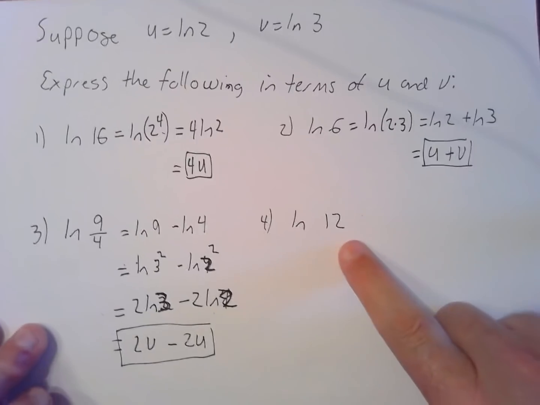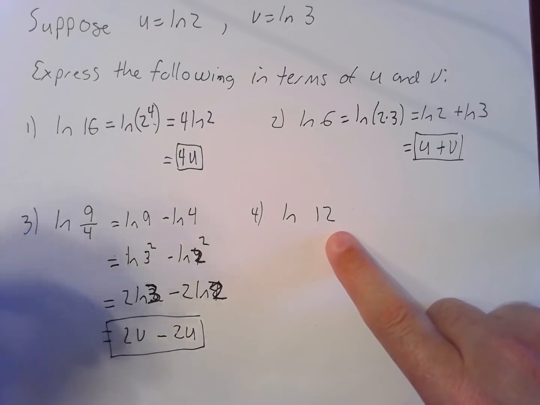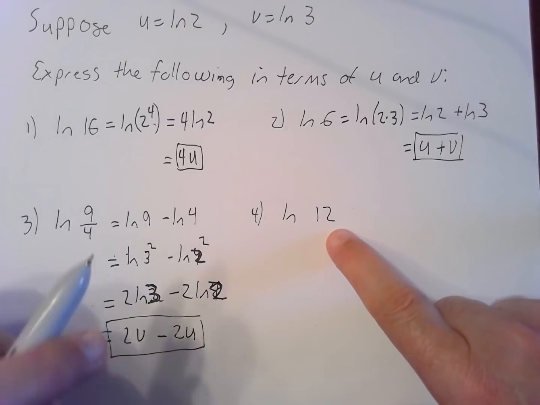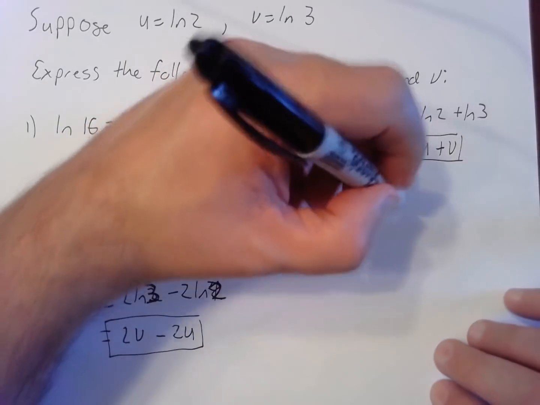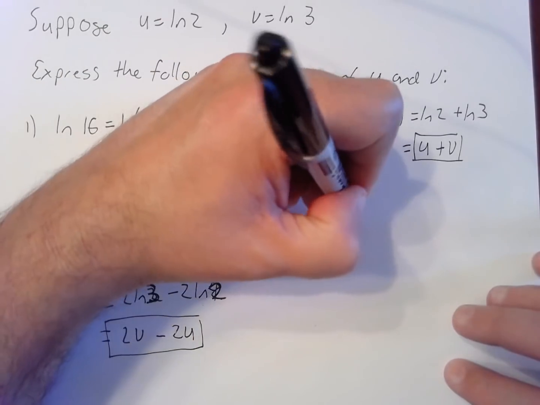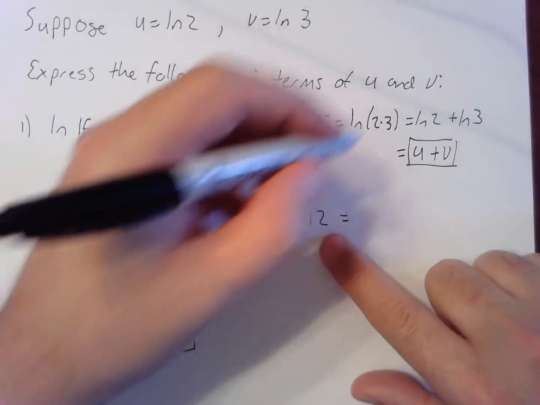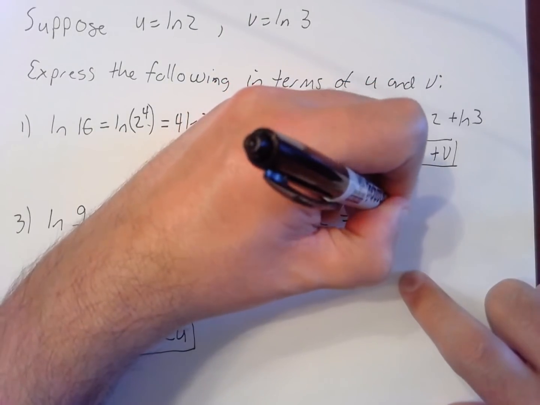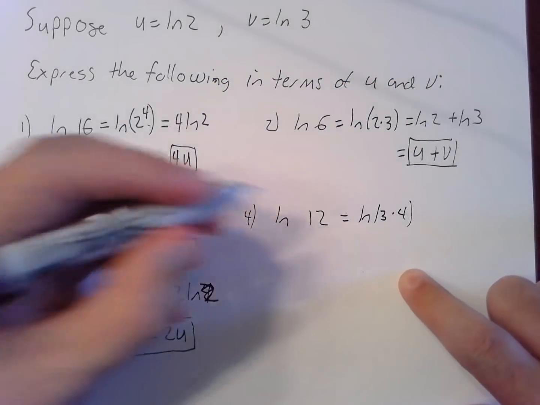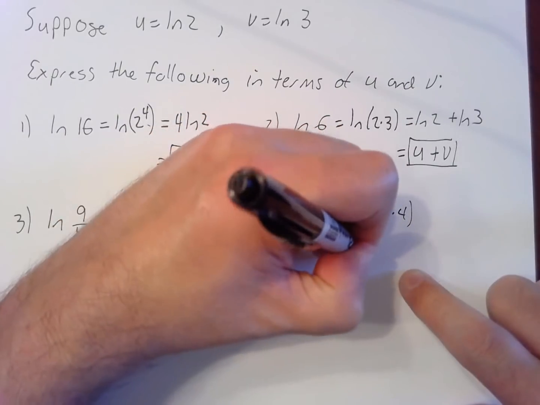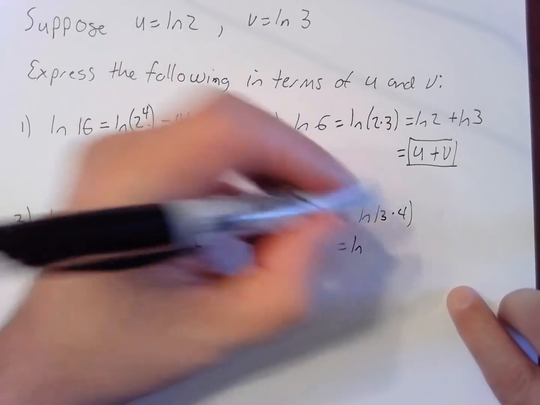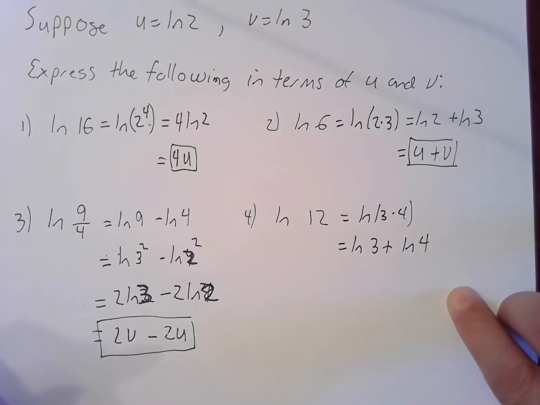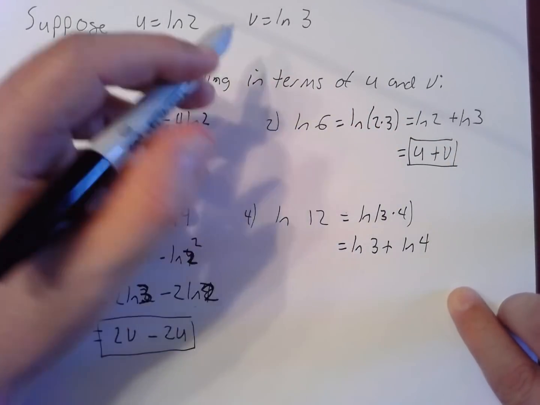Okay, what about natural log of 12? I want to write this as some 2's and 3's multiplied together. We got a bunch of choices here. You might think, I'm going to do it a couple of different ways. Well, 12 is 3 times 4. So natural log of 3 times 4. Multiplied inside becomes added outside. Natural log of 3 I got a name for.